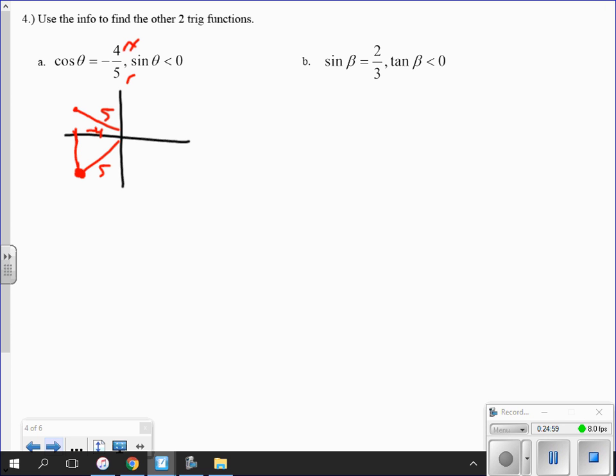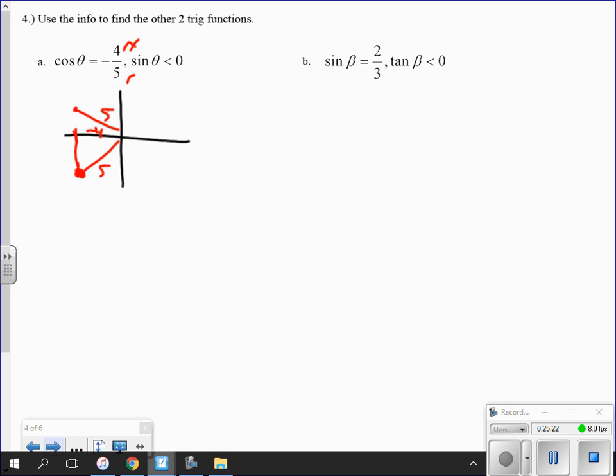The cosine is x over r. And your r is always positive because that's the distance from the center. So r is always positive. The cosine and sine, them being positive and negative, will tell you what quadrant you're in. So they're both negative here because the sine has to be negative and the cosine is negative. This is the place where both the sine and cosine are negative.